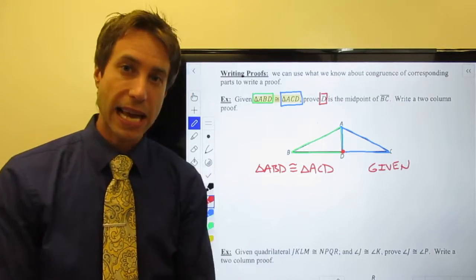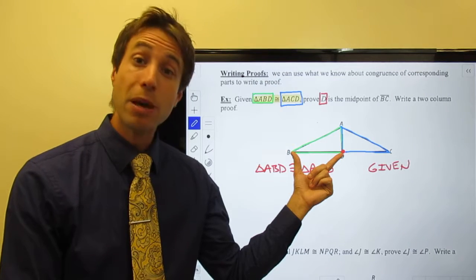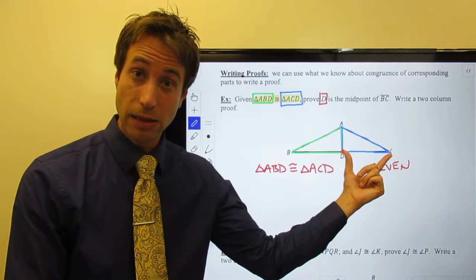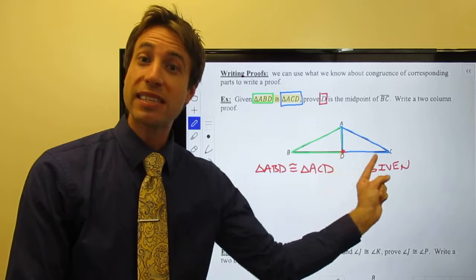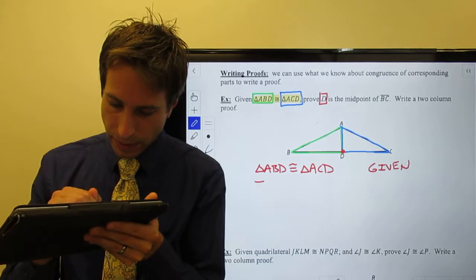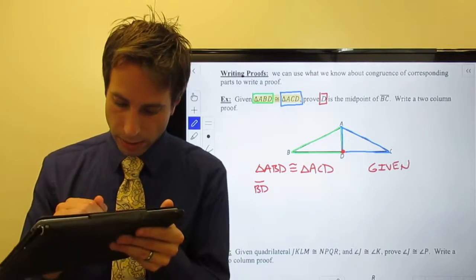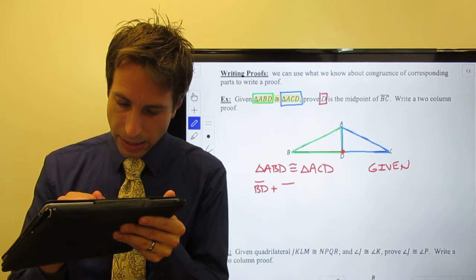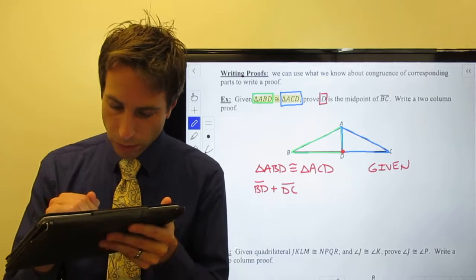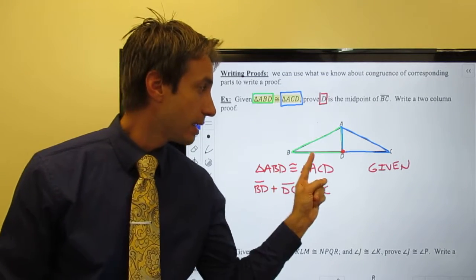Please notice, line segment BD plus line segment DC is equal to the entire distance. Look at this. Line segment BD, that's that one, plus line segment DC, that's that one, is equal to line segment BC. Equal to the entire length.